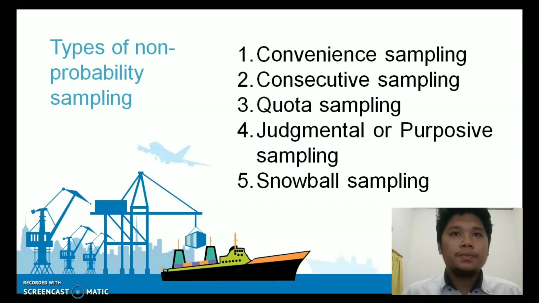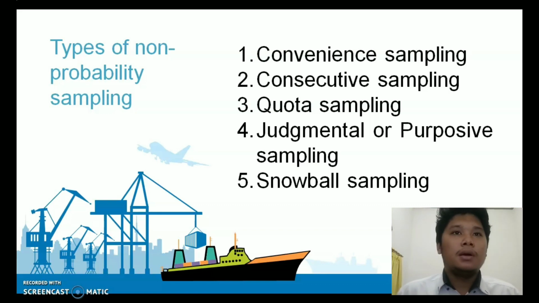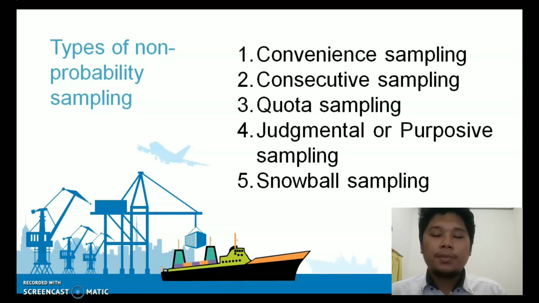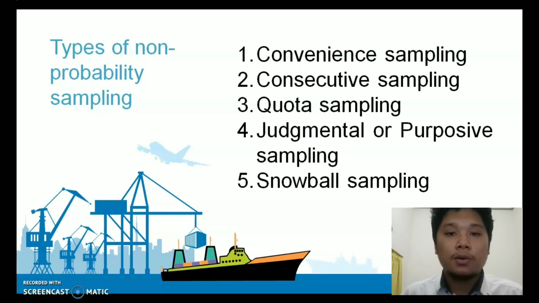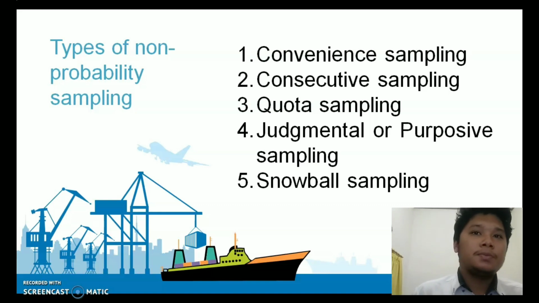The second, consecutive sampling. Consecutive sampling is almost similar to convenience sampling with a slight variation. Next, quota sampling. Quota sampling helps in dividing the population into strata or groups. The next, judgmental or purposive sampling.